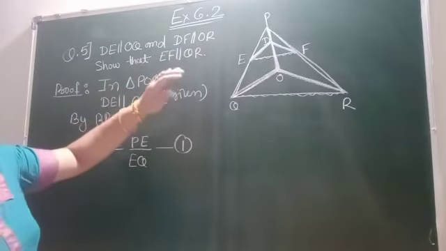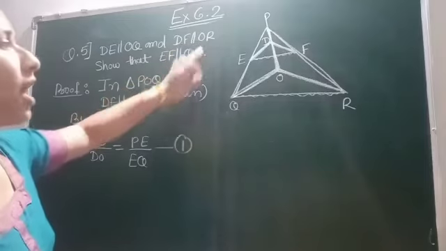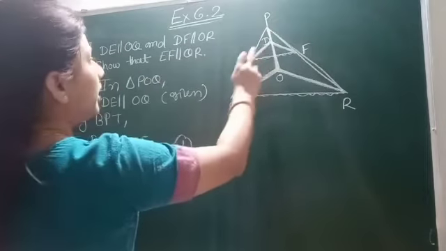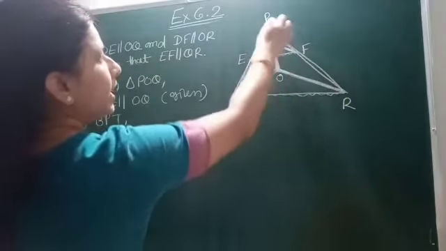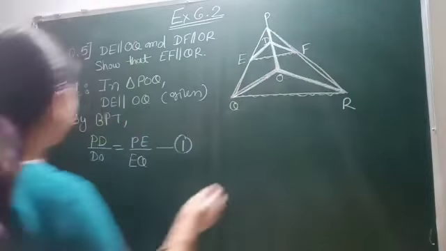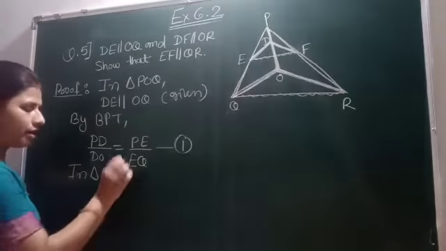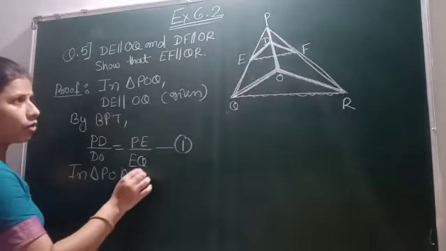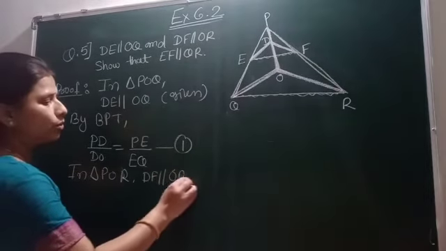Now we will take another triangle in which DF is parallel to OR. As you can see here, student, DF is parallel to OR. So which triangle we will take? Obviously we will take triangle POR. In triangle POR, what is given that DF is parallel to OR.